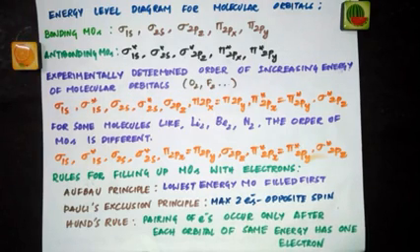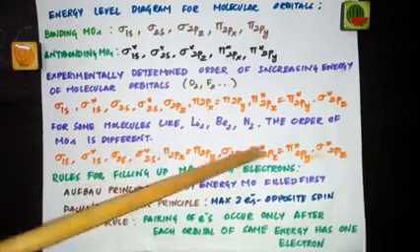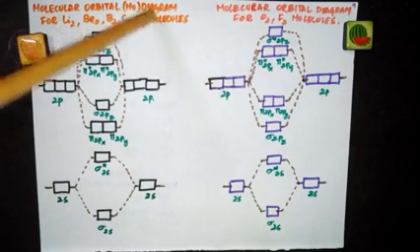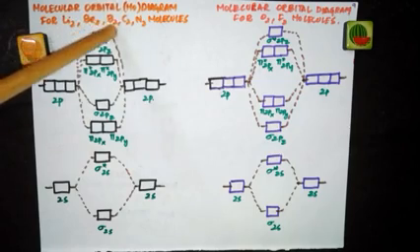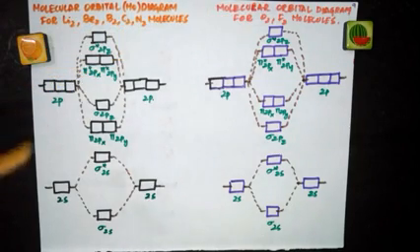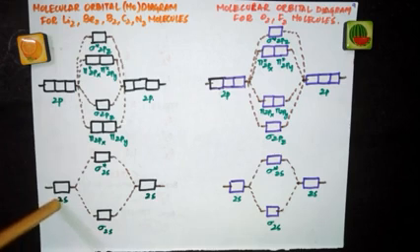Now we will see the energy level diagram for these two orders. We have seen two orders, one molecular orbital order for Li2, Be2, B2, C2 and N2, and the other order for O2 and F2 molecules. Now see, here I've started with 2s. Below this, what you will have is 1s, 1s.